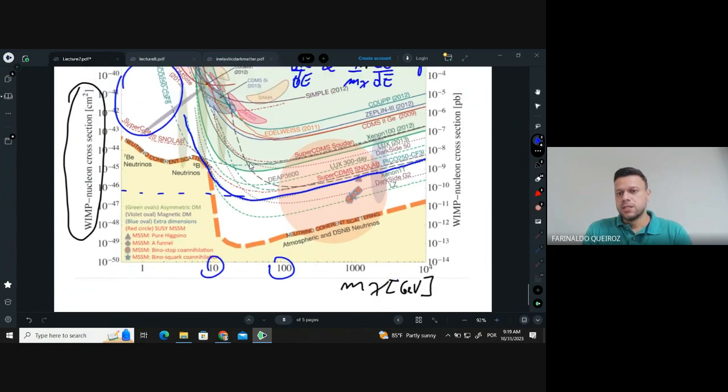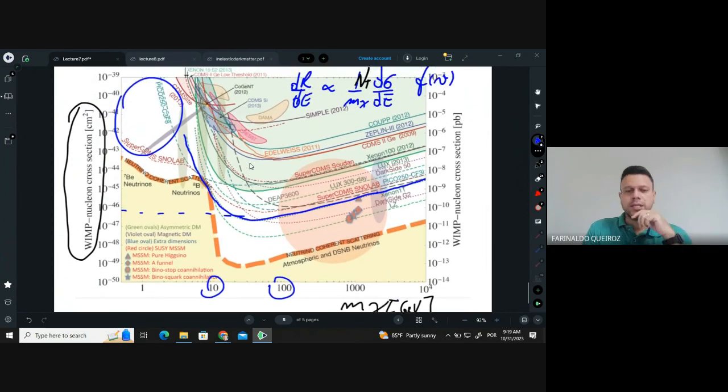Okay, fine. So another thing I want to discuss in this plot is the neutrino floor. The neutrino floor refers to an irreducible background coming from neutrinos. This corner right here is solar neutrinos. These solar neutrinos are well measured, and they come either from beryllium or from boron decays.